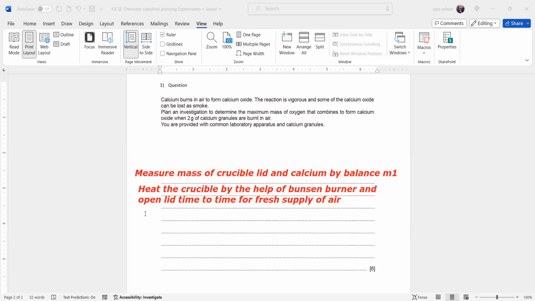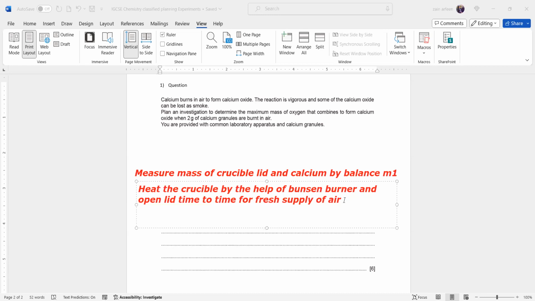Will calcium oxide escape? No, because we're not keeping the lid open. It's like open then close instantly, just to make sure that we have enough oxygen available to react with calcium. If we remove the lid and leave it, then calcium would turn into calcium oxide and it would be lost. We don't want the calcium oxide to be lost. That's why the lid will always be there, and only for a short interval we open it.